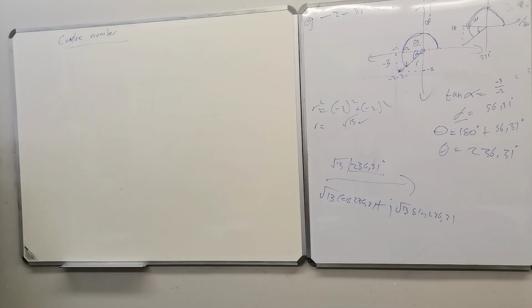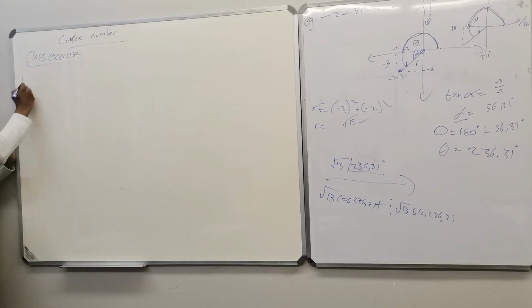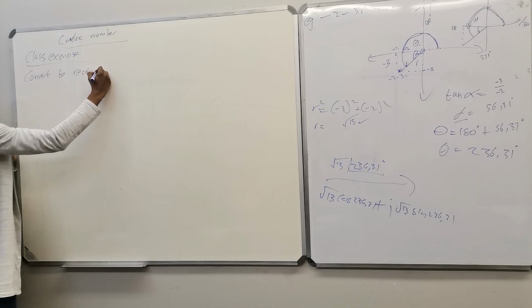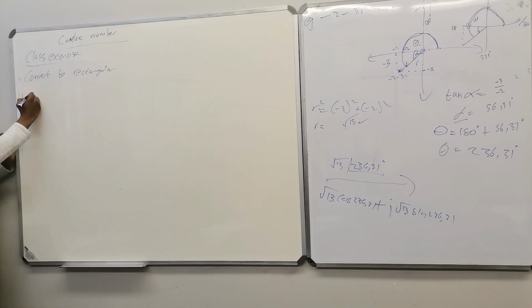Okay, let's work backwards. So the class exercise: convert to rectangular. Okay, let's see.